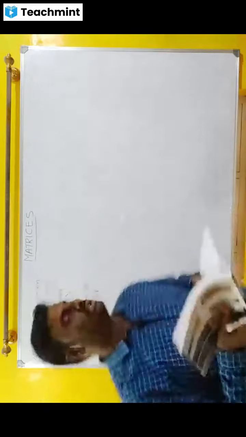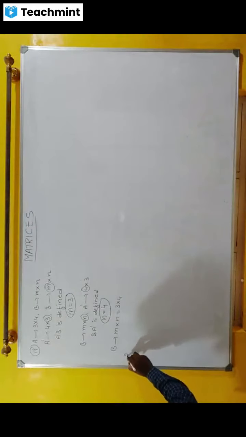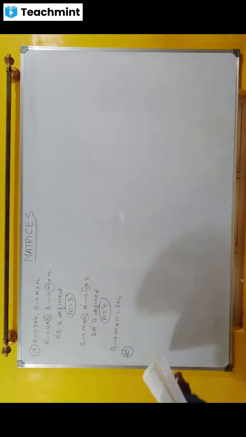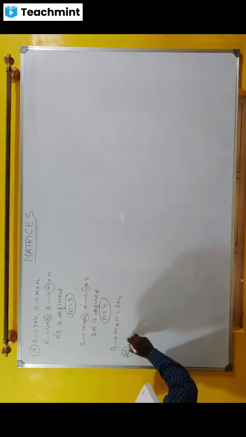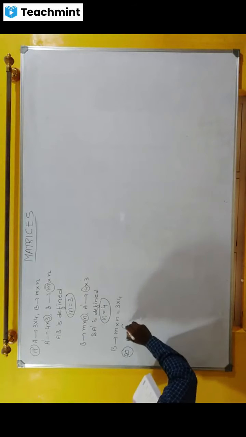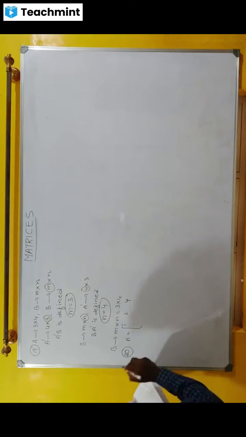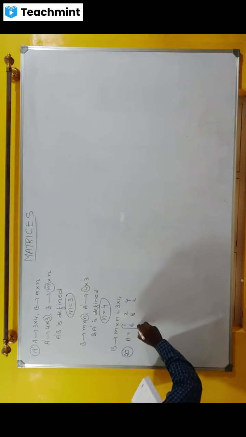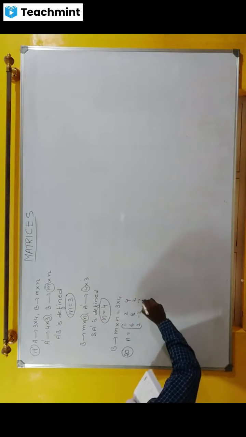Now we will discuss question number 20. Observe. What is question number 20? A matrix is given. A equals 1, 2, 4, 6, 8, 2, 2, minus 2, 7.